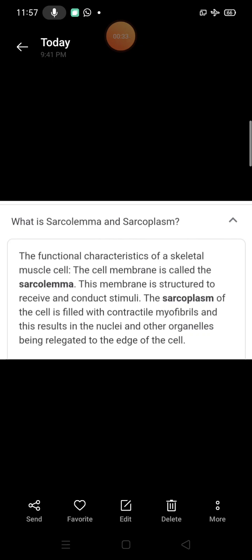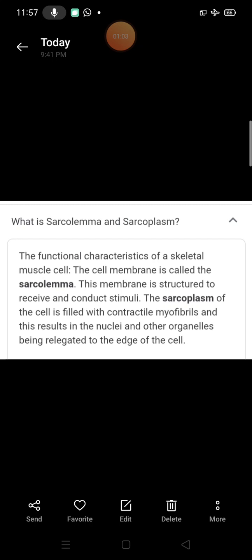Our first words are sarcolemma and sarcoplasm. The functional characteristic of skeletal muscle cells: the cell membrane is called the sarcolemma. This membrane is structured to receive and conduct stimuli.